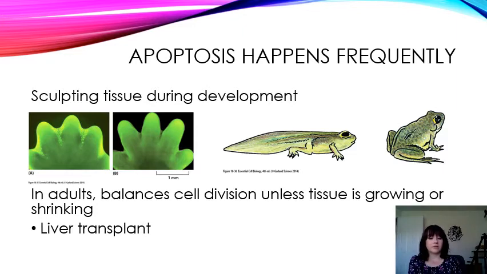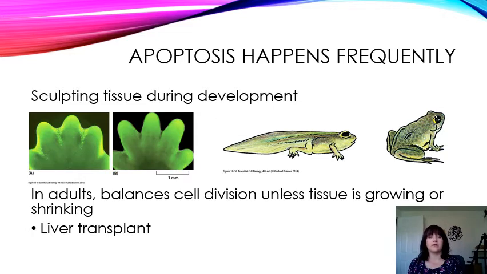Now, again, we have to have this balance of apoptosis and proliferation, and some tissues are able to proliferate and regenerate better than others. Such as liver, you can provide a liver transplant to someone. A piece of your liver would be removed, not the entire liver, and that piece that gets removed can actually grow back.